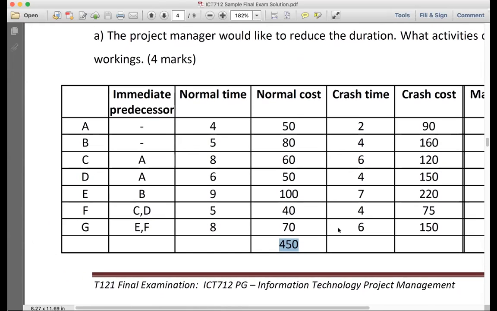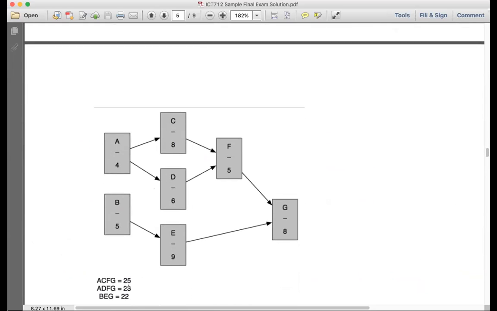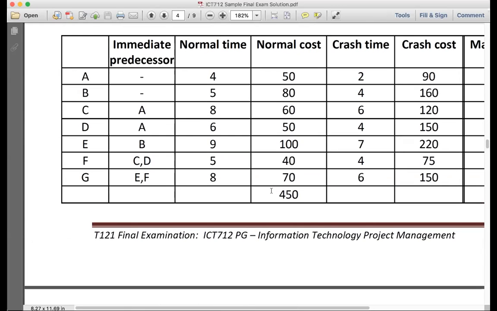For the 25 days, it is costing you $450. Normal cost for 25 days. Does that make sense? Yes, sir.